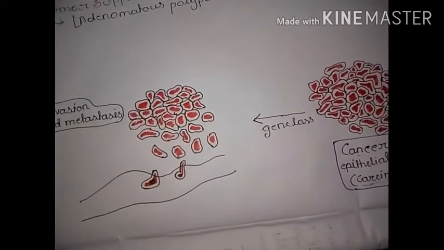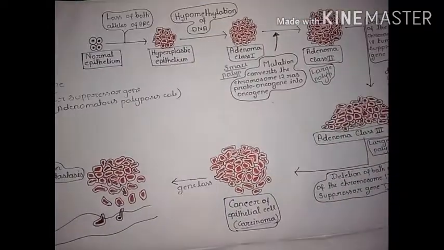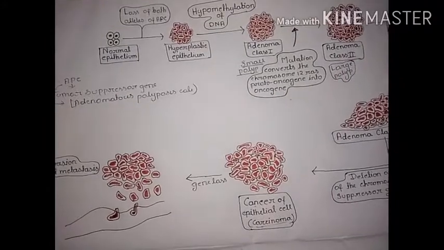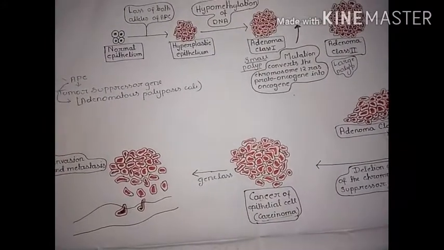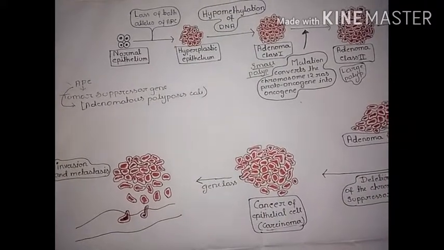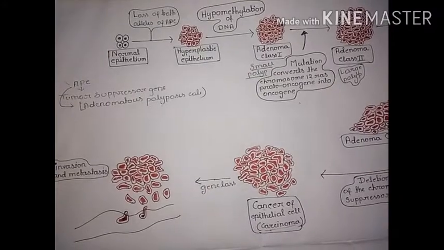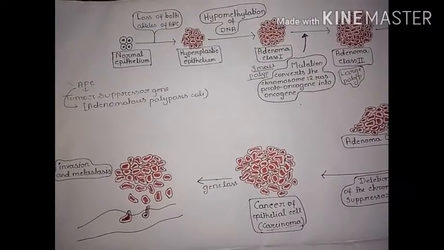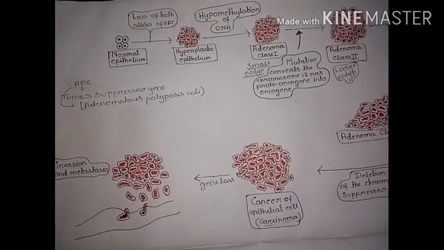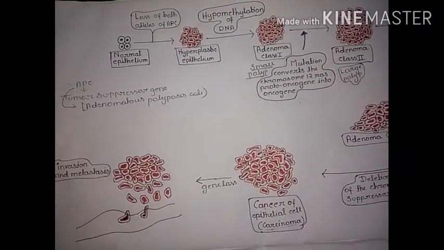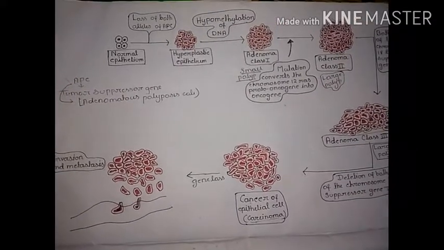So this is a very important process: cancer is not a single step process. To develop a metastatic tumor, it needs several gene mutations. In the case of tumor suppressor genes, both copies of the genes are mutated.